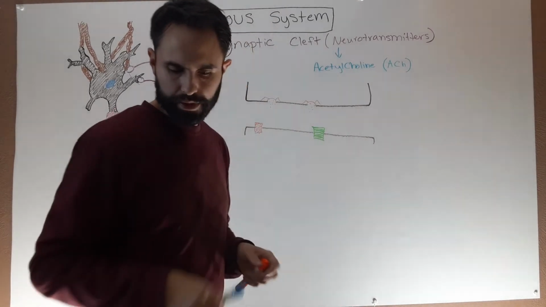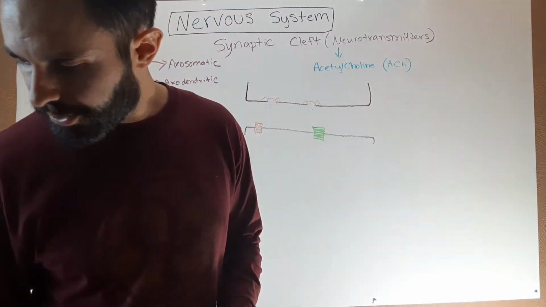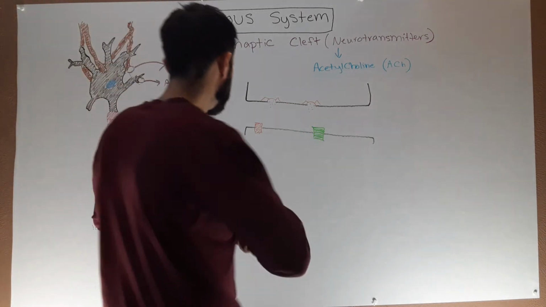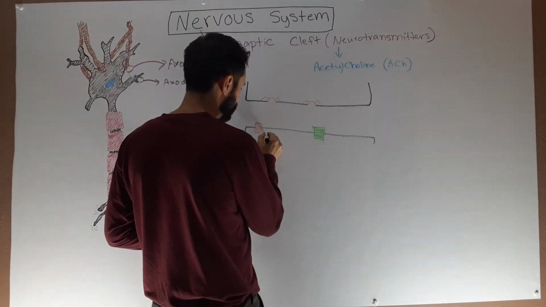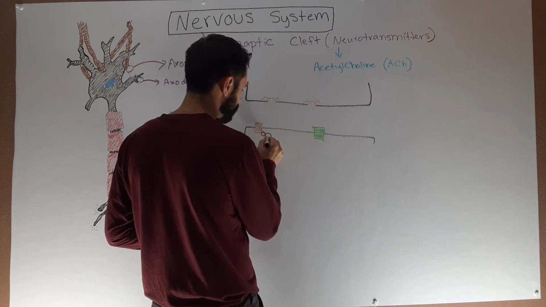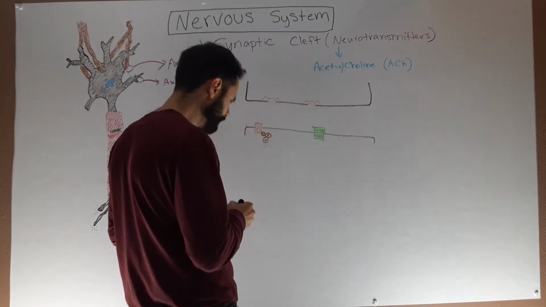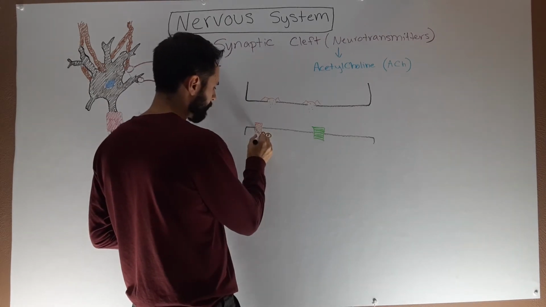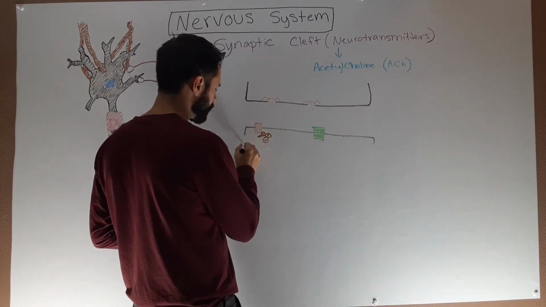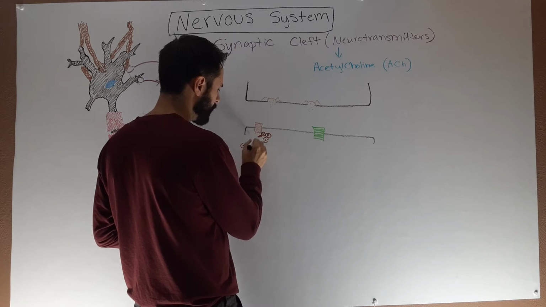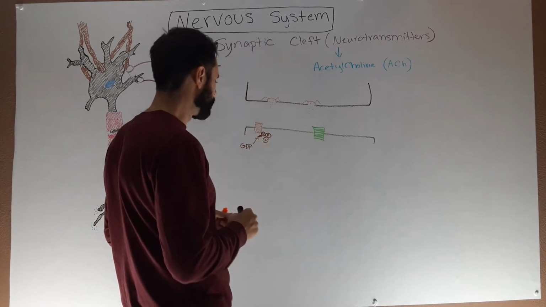Okay, so this is also going to be using the G protein structure. Okay, so you got your alpha, beta, gamma. Then you got your GDP that's bound to the alpha subunit.